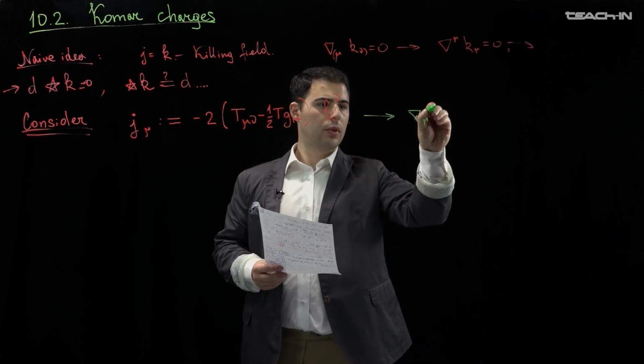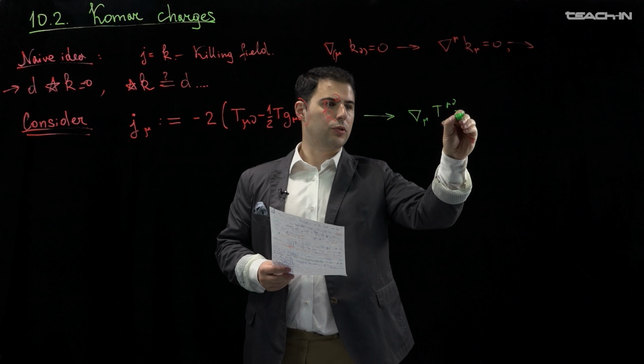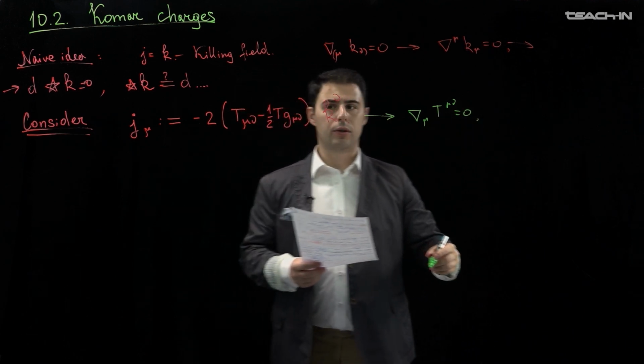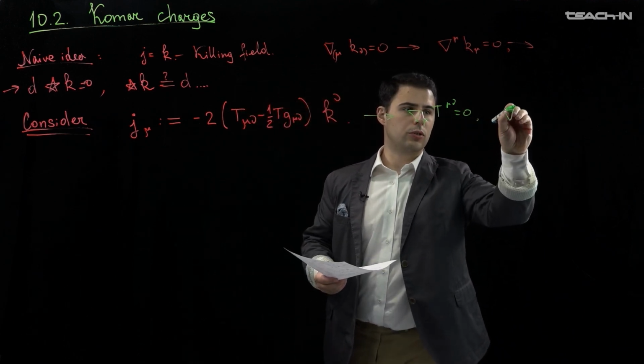Naturally, since nabla_mu T^{mu nu} is 0, it follows that the current is conserved.